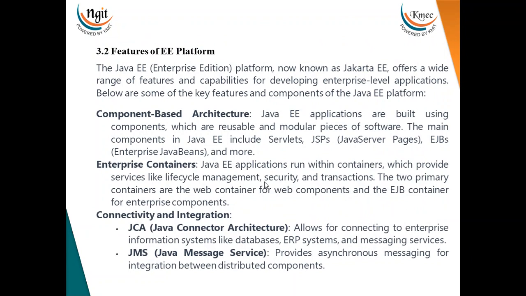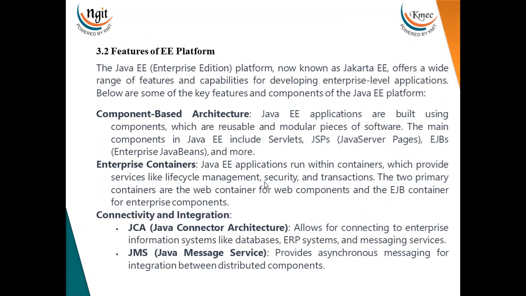Coming to the features of the Java EE platform, that is the Enterprise Edition platform, we also call it Jakarta Enterprise Edition. It has certain features and capabilities for developing enterprise level applications. As we have seen, it is a component based architecture.